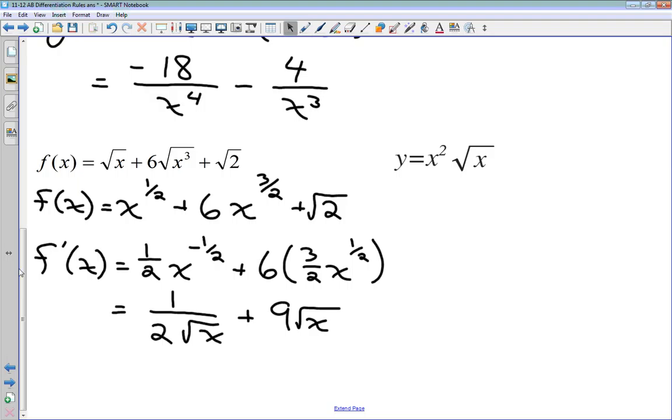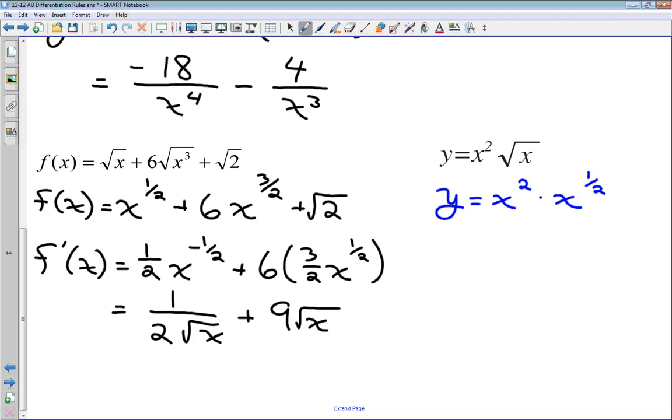Our last one here, we've got x squared times root x. I think this is another case where it's best to rewrite it here. So first step, keep the x squared, rewrite that x as x to the 1/2. Okay. Now we've got two terms multiplied together, and at the end of this unit we're going to look at the product rule that teaches us how to handle it when we've got a function times another function.